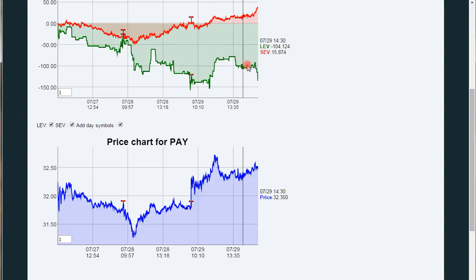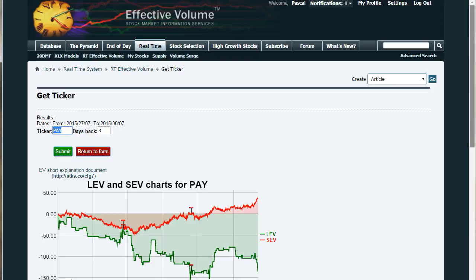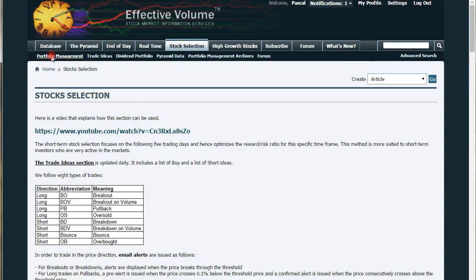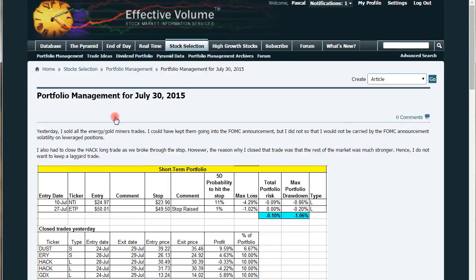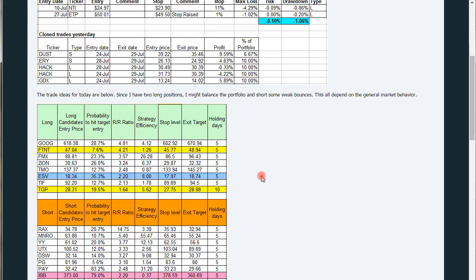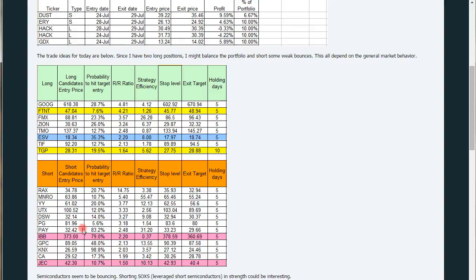But we can see that at the end of the day a large player started selling. That is why pay is again back in the short IDs of today. You can see it in the portfolio management. You can see that pay is here as a new short ID for today.